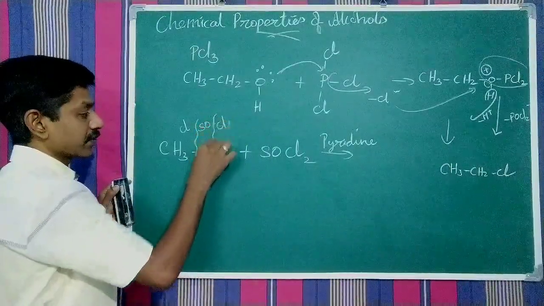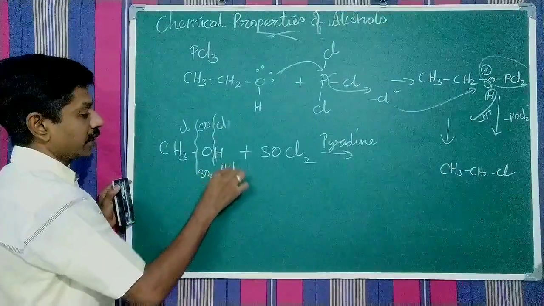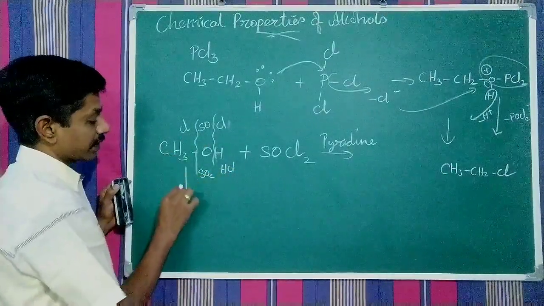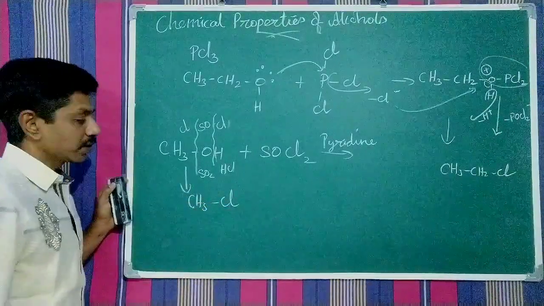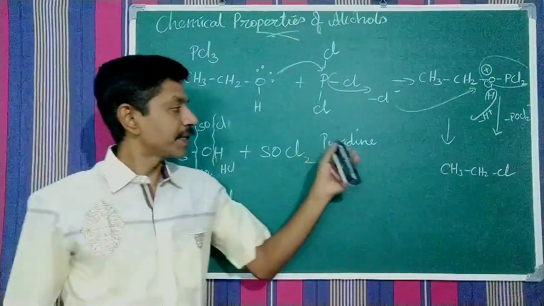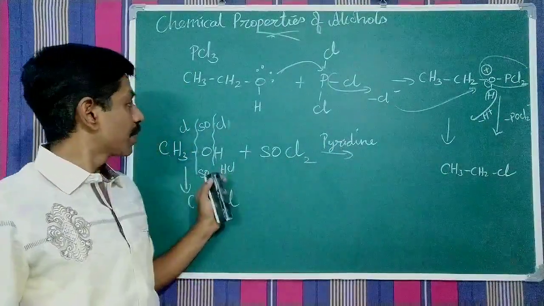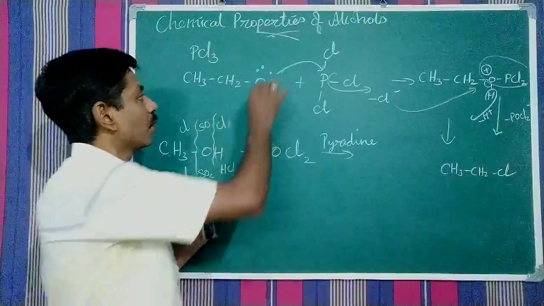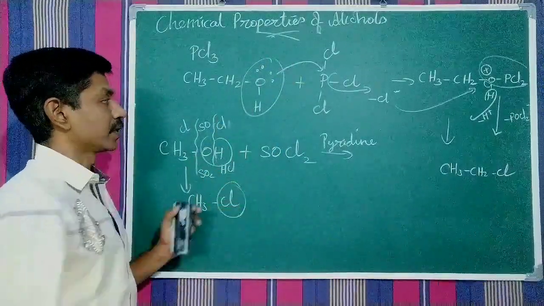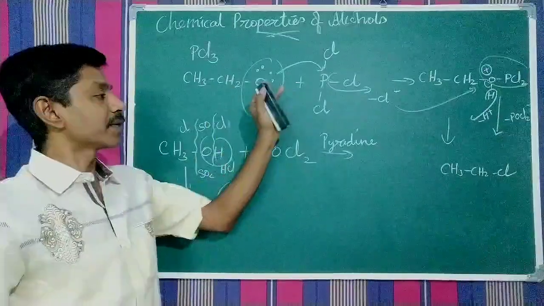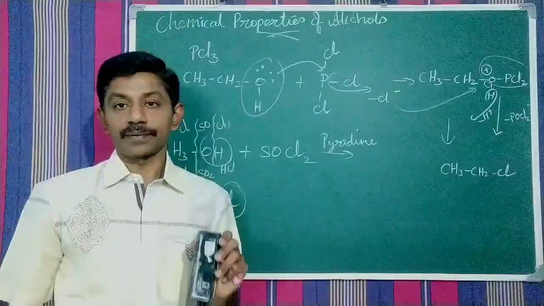The right hand side is HCl, and in between sulfur dioxide, and CH3 will add with the Cl, we will get methyl chloride. So this is the easiest method. Pyridine's presence is required for this reaction. So thereby we can convert the OH group into a chloride group. Then the ethyl alcohol will become ethyl chloride, methyl alcohol will become methyl chloride.